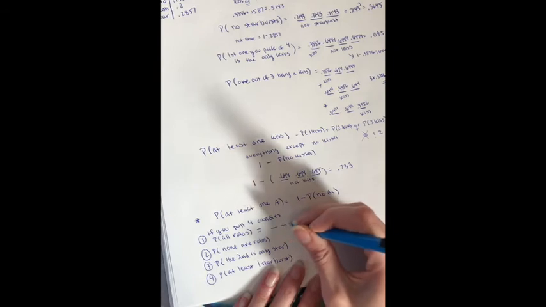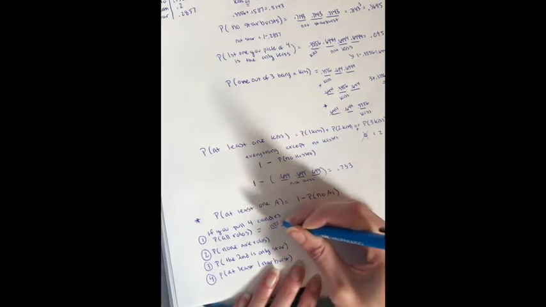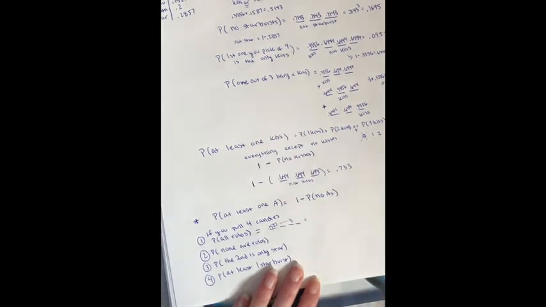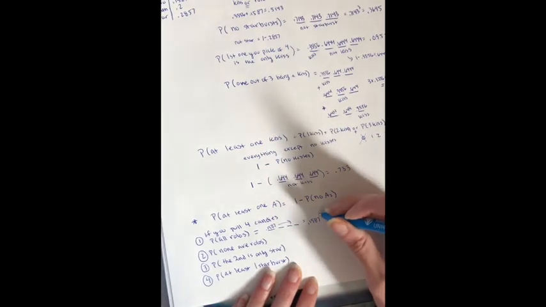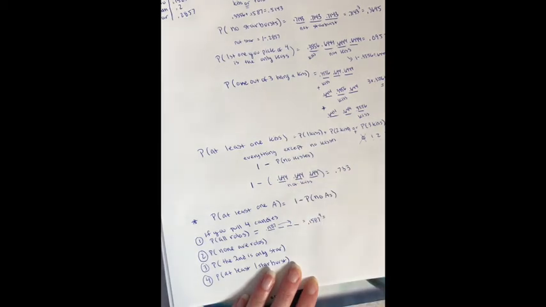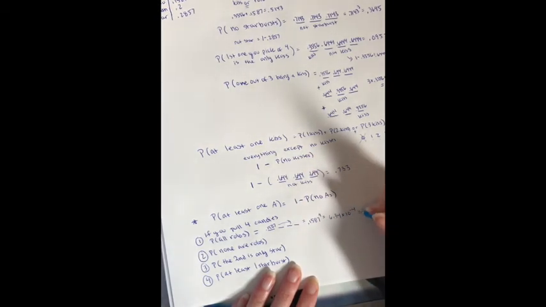All Rolos, you've got 4, and they're all Rolos, meaning 0.1587 times 0.1587 4 times, so to the 4th power. You get 6.34 times 10 to the negative 4th.